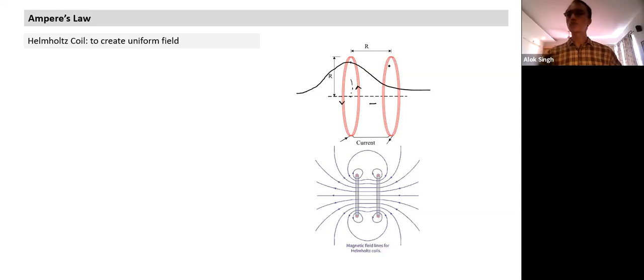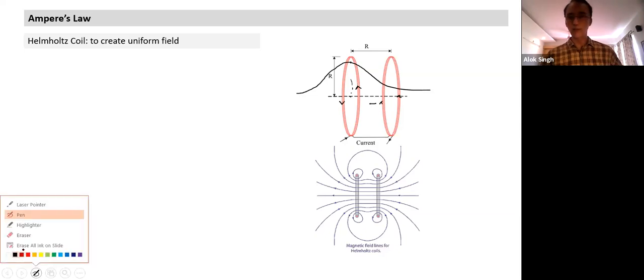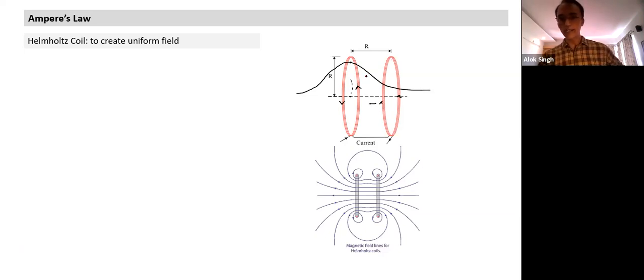What happens if we have two coils having current in the same sense? How would the field get created? The field due to one coil and the second coil will both get superimposed, and we'll have the vector sum of the two. If we draw the field for the second one also, if the coils are identical, the other one will also have a similar field. If we sum it up, what will happen to the field in the region in between?